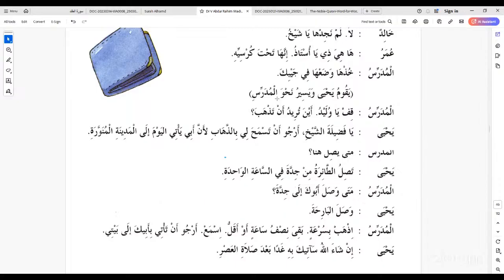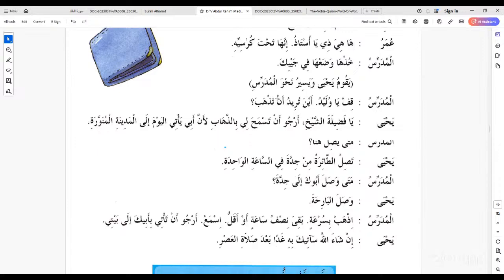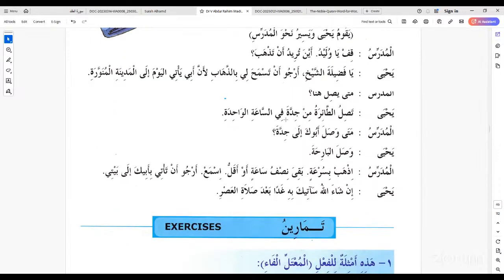When is he arriving here? The plane arrives from Jeddah at 1 o'clock.